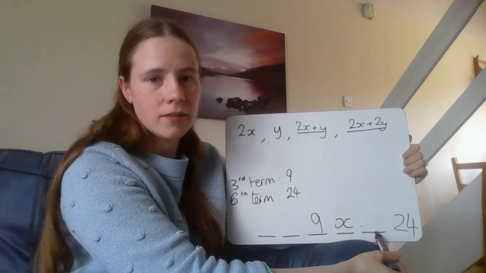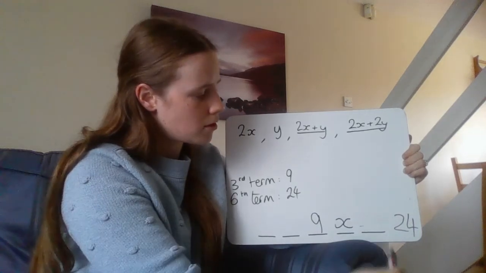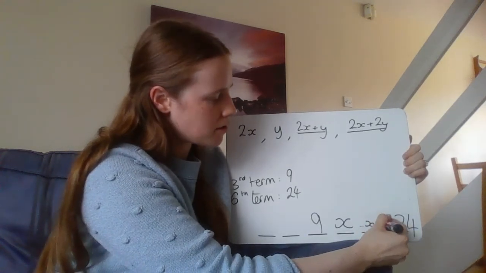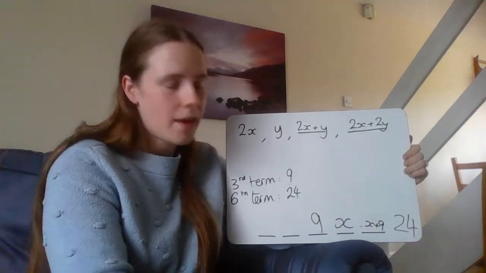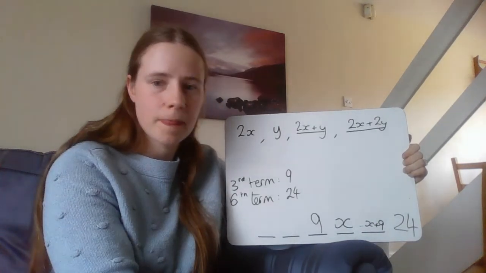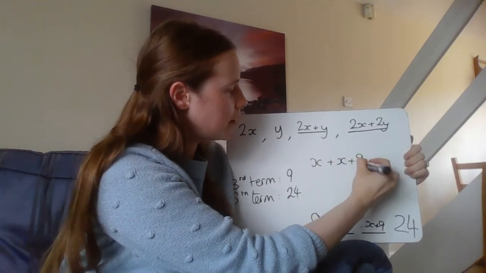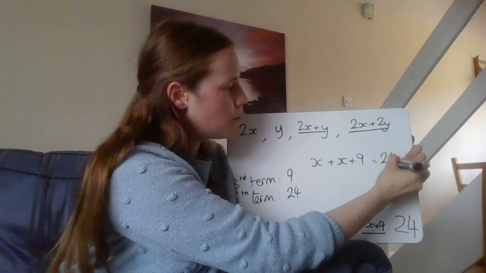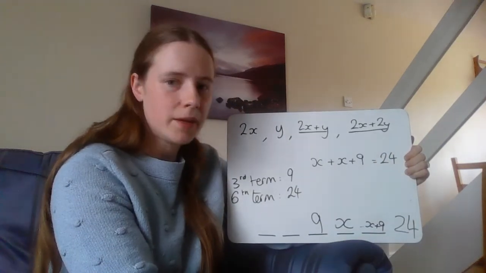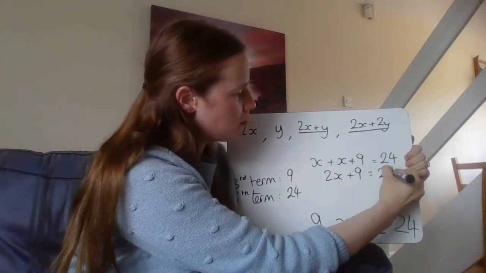This term here is whatever this one is plus 9. So I'm going to call this term here x plus 9. Now what I know is this one plus this one has to make me 24. So I'm going to write x plus x plus 9 equals 24. I'm going to simplify. 2x plus 9 equals 24.